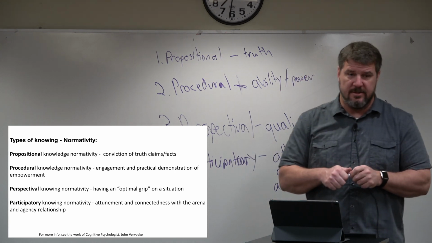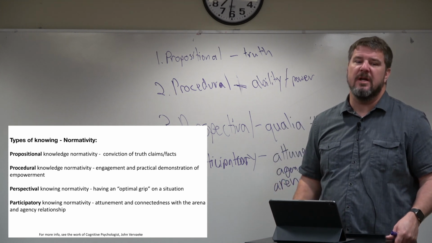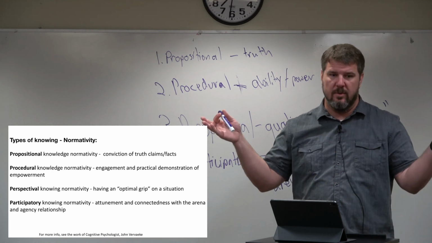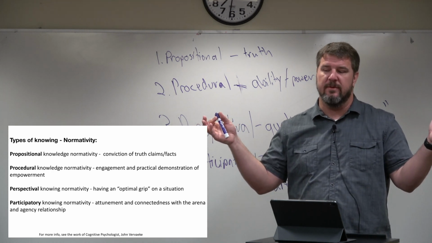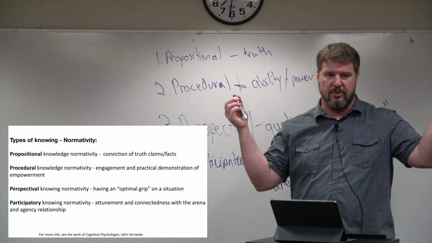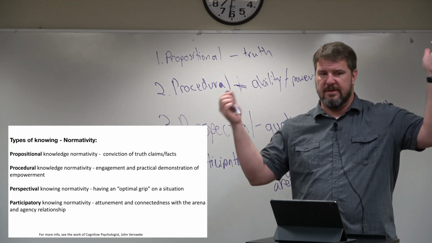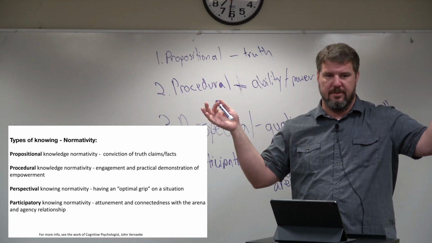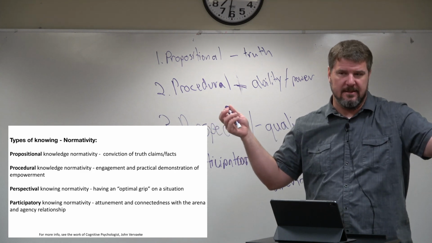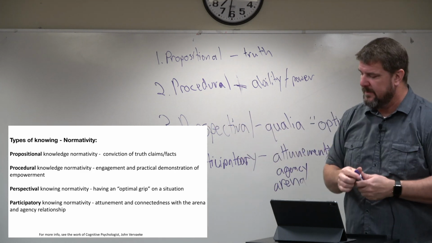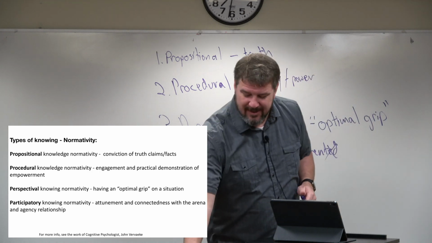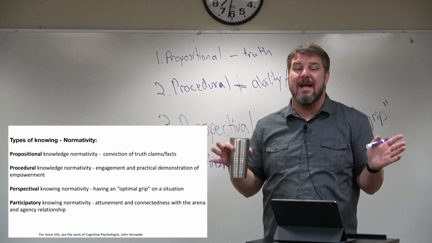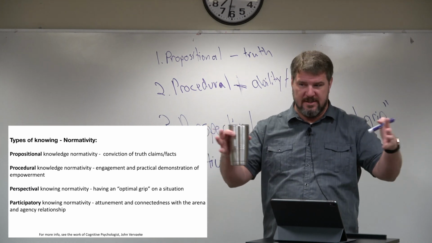And your agency is to play football. That's a very easily understood agency and arena relationship. And then your broader arena would be like how to be a professional football player in this culture. Like you should probably go get endorsements and make sure you're doing your workouts and have some kind of mentorship. Get somebody that has a deal, what do they call it, an agent that can make deals for you. And maybe go do some community service things. There's all kinds of things connected with that, and that's the broader agency and arena.